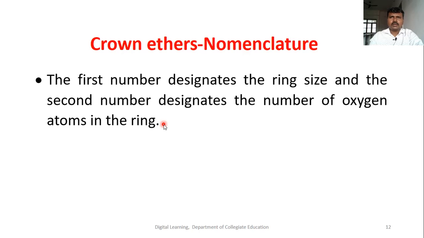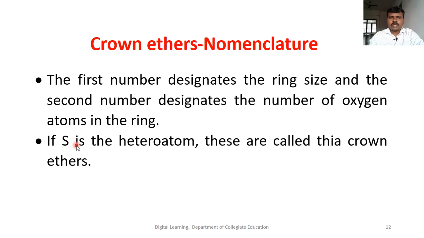For example, 18 crown 6 means the first number, 18, corresponds to the ring size, which includes all carbon and oxygen atoms, and 6 corresponds to the number of oxygen atoms.